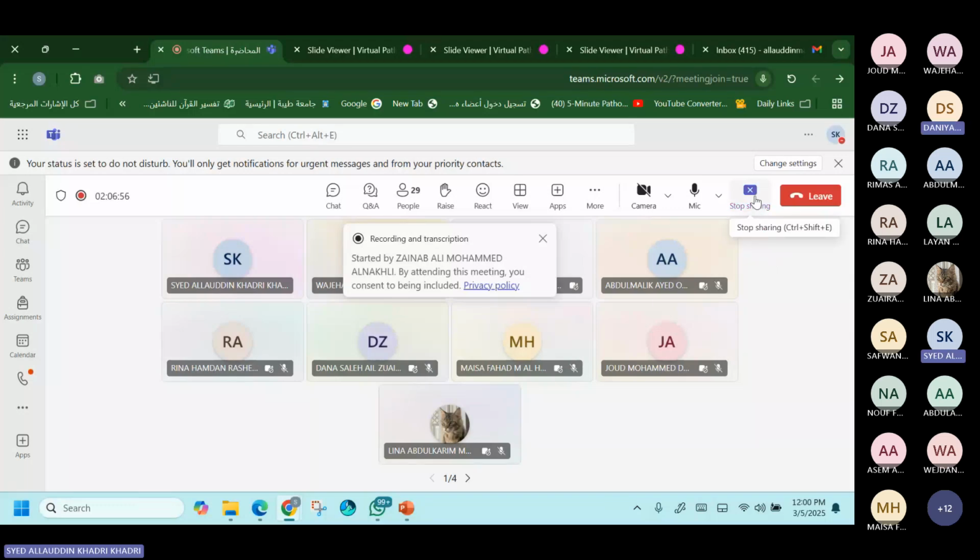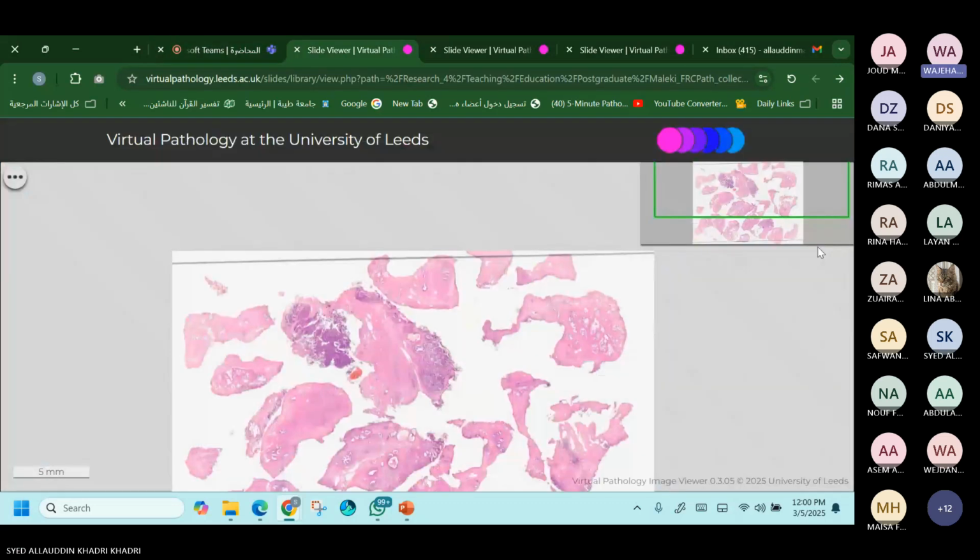Do you mean the link in the slides? Yeah, the link in the slides. Yes, you could just copy it and paste it in the browser. Okay, one second. Right. Can you see it now? Yes, we can see it. Okay.